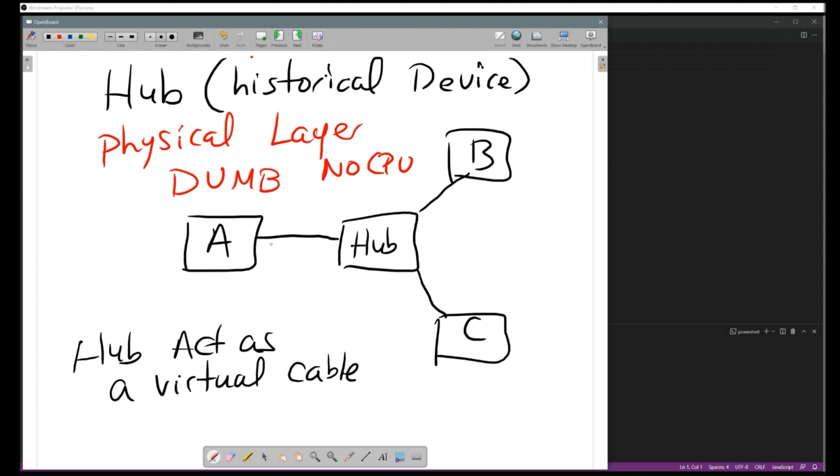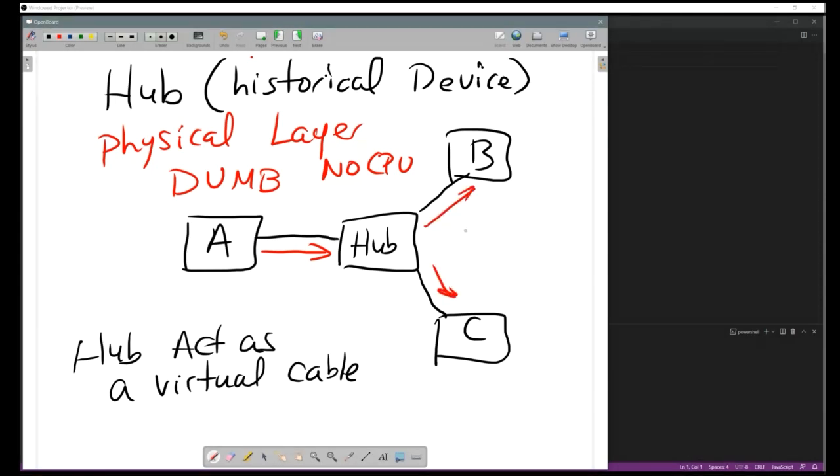Essentially how it worked was if a signal was received on the hub, it would duplicate that signal to everyone else except for the receiving component.